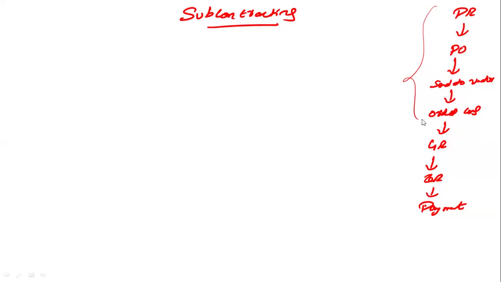Okay. So let me take two examples. One is a real-time example and one is an SAP example. For example, assume you have a laptop which is costing you 50,000.